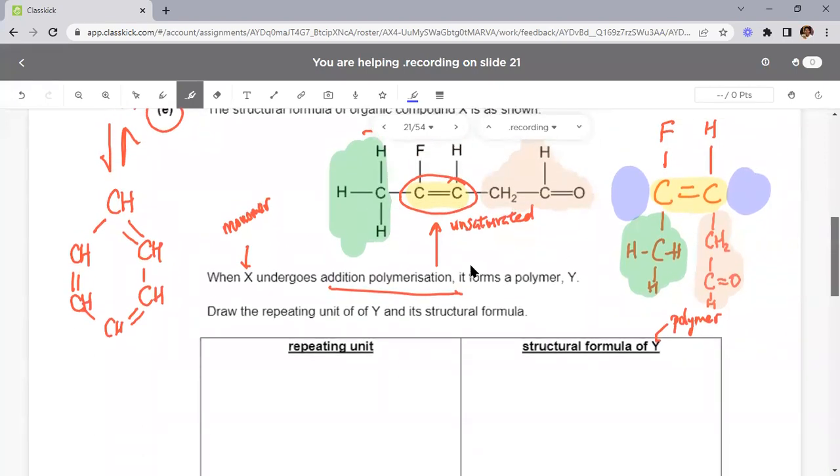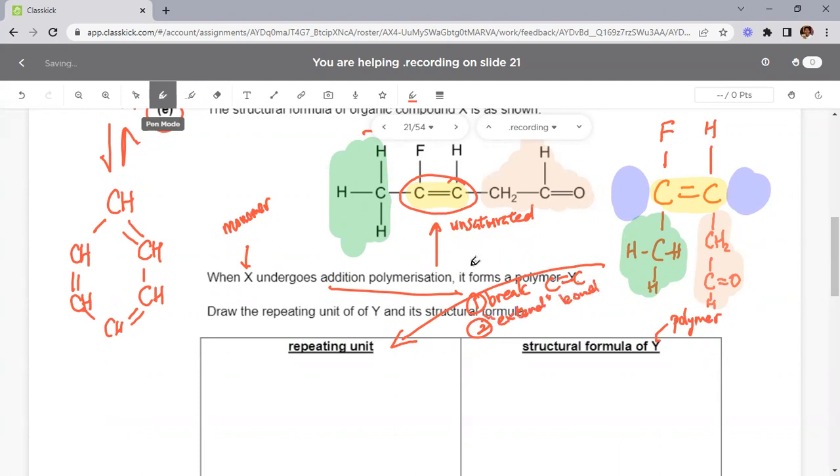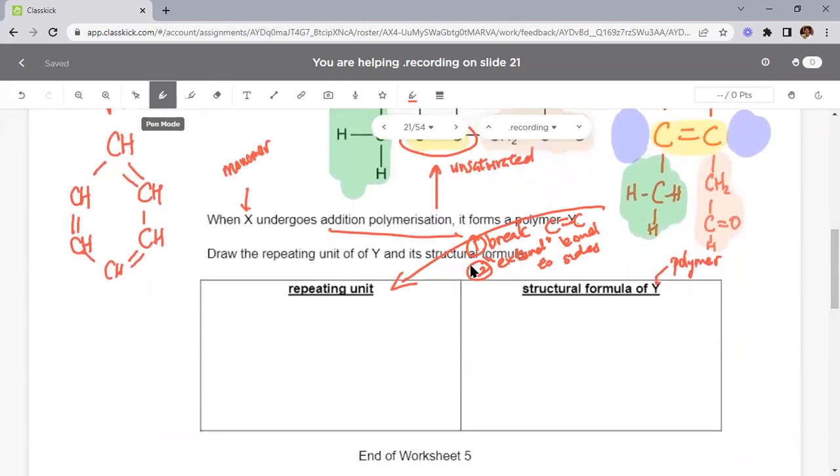Hence, the repeating unit, how to get from monomer to repeating unit. What you need to do is, step 1, break double bond. Second step, extend bond to the sides. So I'm going to draw that whole chunk here again.